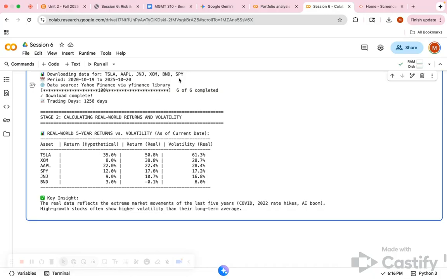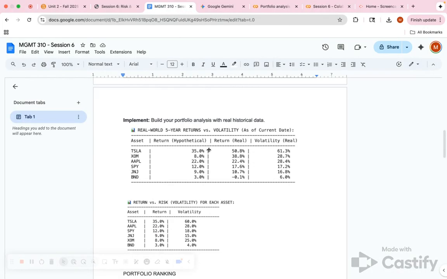That's a big jump. And then just for the insights that it gives us, the market has moved a lot because of stuff like COVID and AI, which some people don't really think about when they're looking at stocks, but that does have a big effect, like we talked about in class.